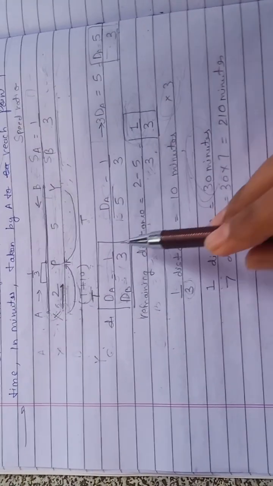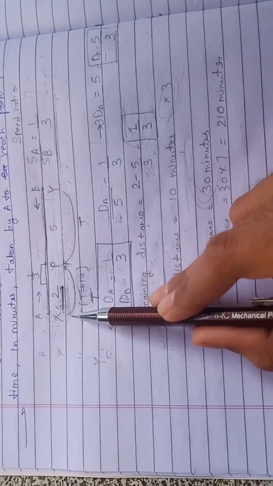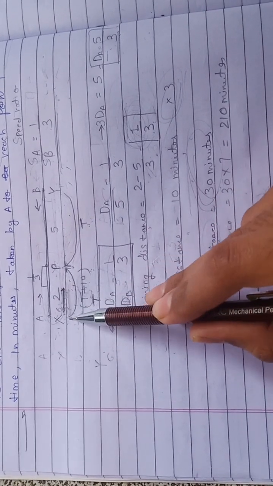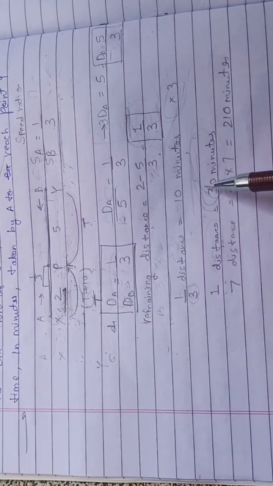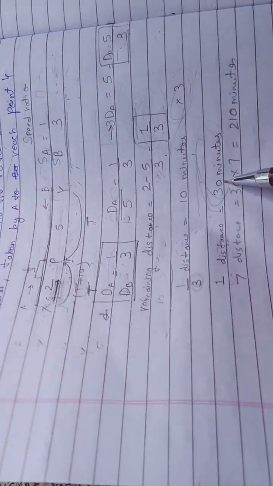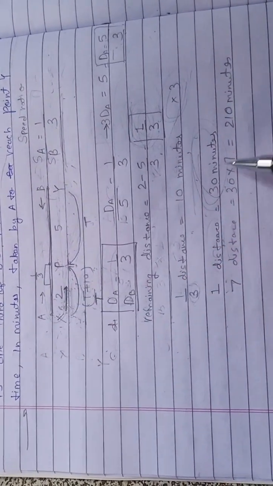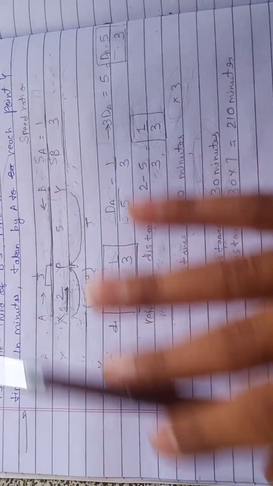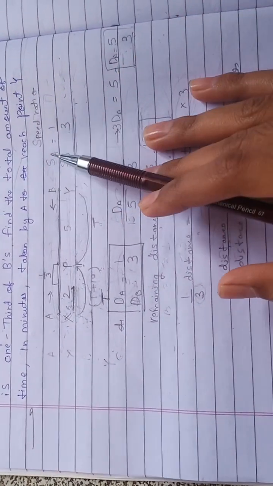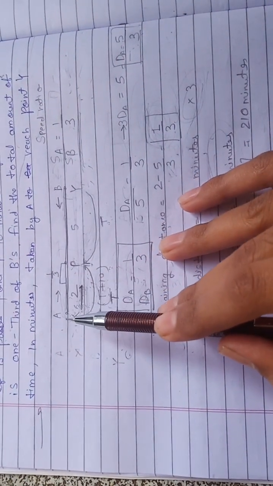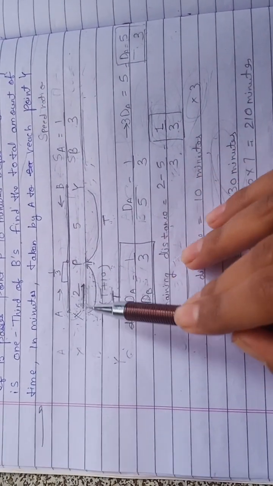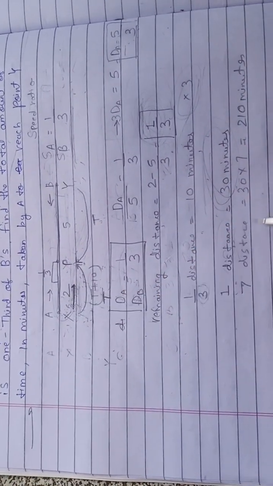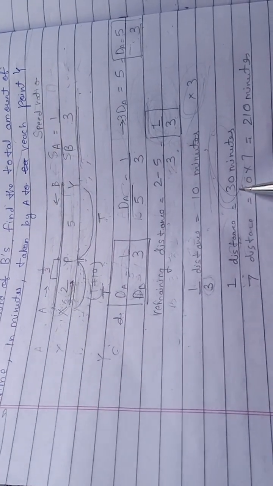One distance, what does it mean? It is this 1 unit. This is 2 units, right? So for A to reach P, it will take 60 minutes, because 1 unit is equal to 30 minutes. But the question is not asking about A traveling to point P. If it asks that, we have the answer as well: you just have to multiply by 2 and it will give you 60 minutes.